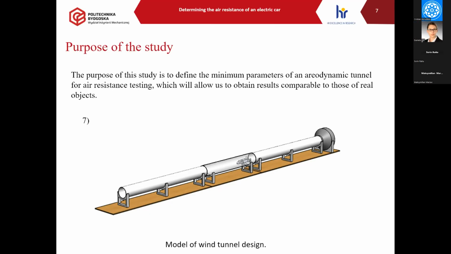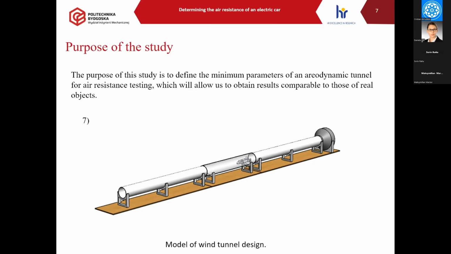In order to verify the correctness of the results obtained numerically, it is possible to build scale models, test them numerically and experimentally, and then compare the results obtained from both types of tests.